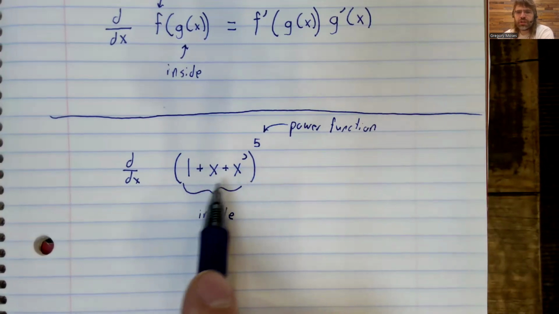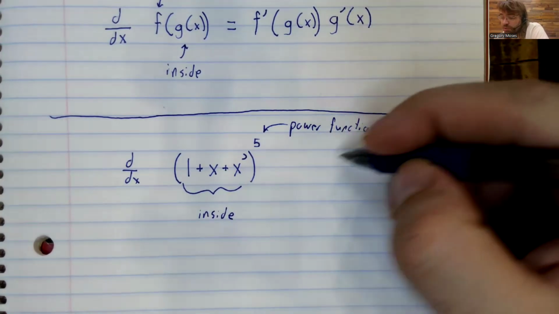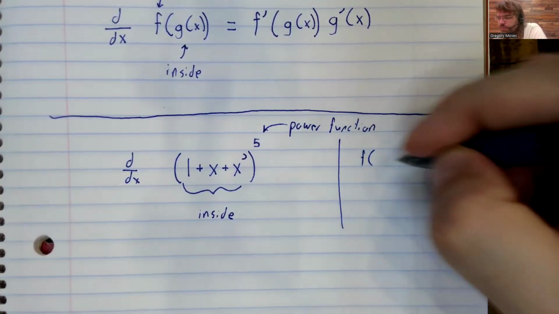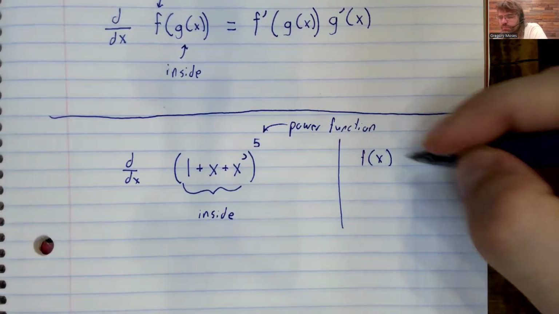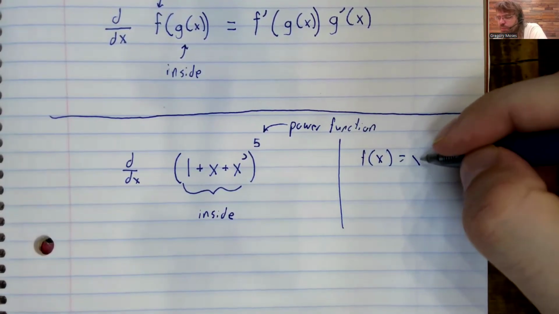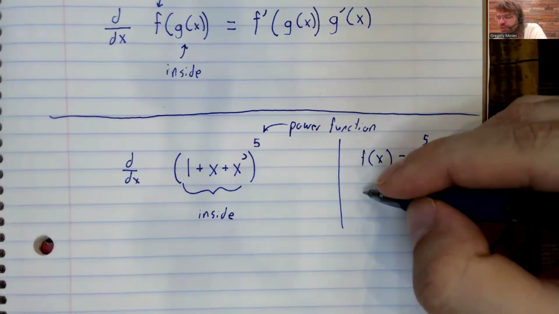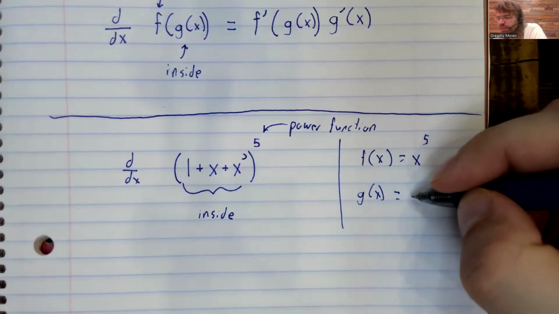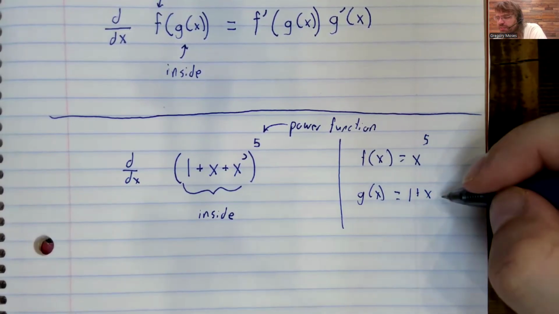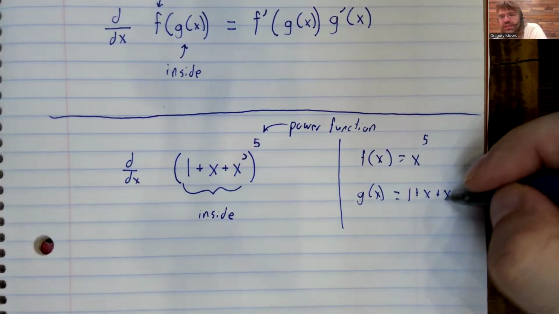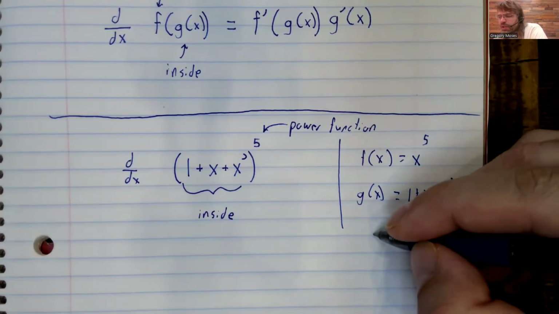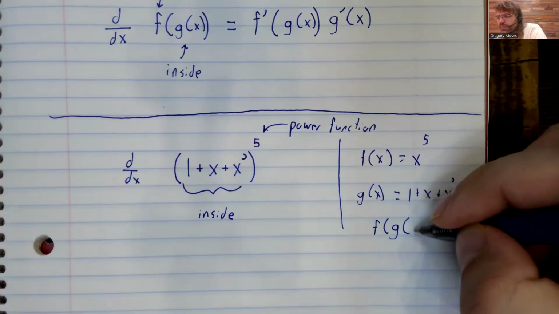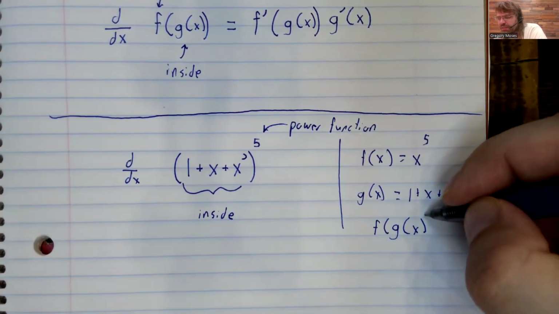And in terms of composition, what's happening here is that f of x equals x to the fifth, and g of x is 1 plus x squared, and we've got f of g of x.